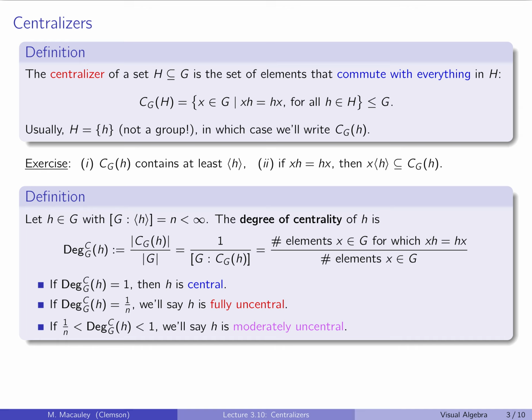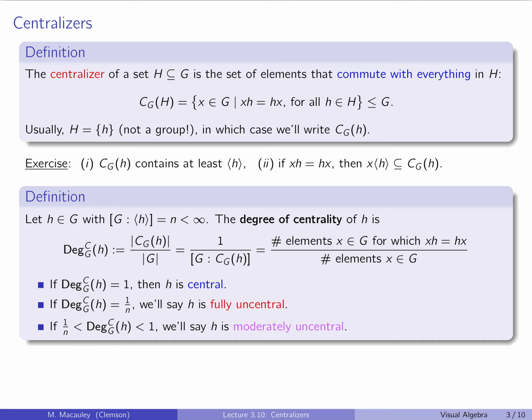As we did with the degree of normality, let's consider the 2 extreme cases and one in the middle. So if the degree of centrality is equal to 1, then H is truly central, because that means that the size of the centralizer is equal to the size of G. On the other hand, if the degree of centrality is 1 over n, so this is the worst possible case where obviously the subgroup generated by H commutes with H, that we showed up here, but suppose no other coset does as well.